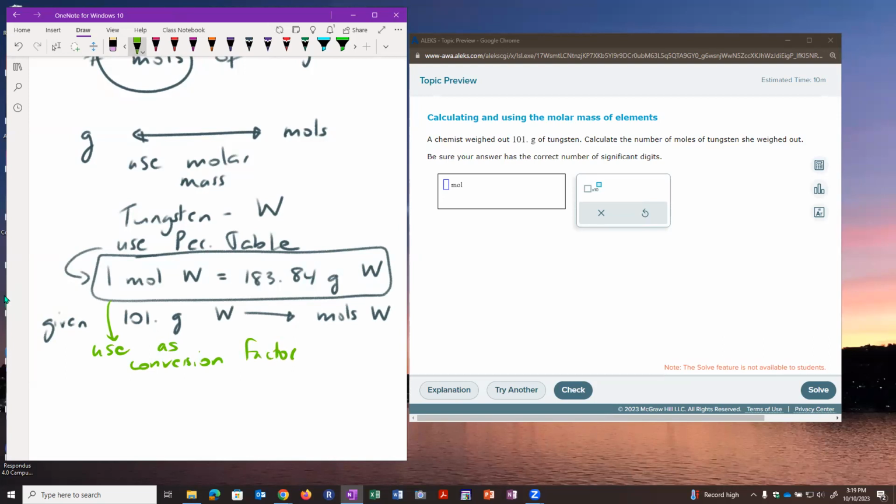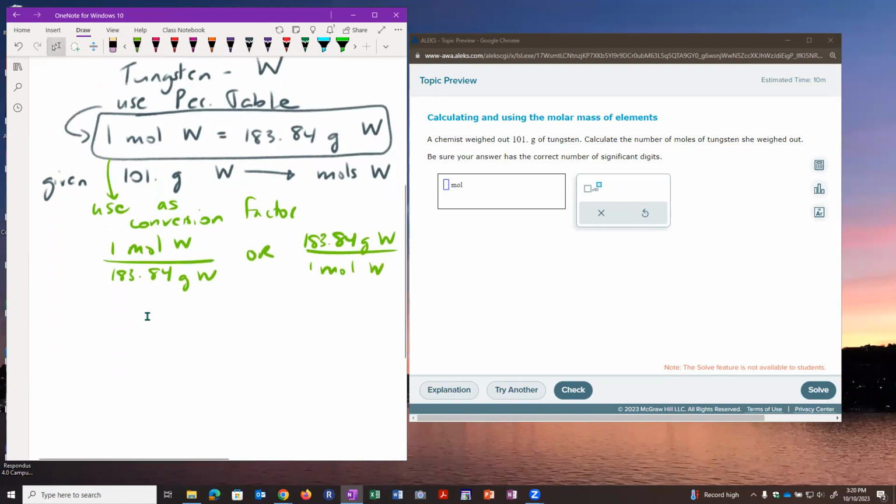Now we're just applying that same concept to these molar masses. To get the conversion factor, we just put one unit over the other. So 1 mole of W is 183.84 grams of W, or we can simply flip it: 183.84 grams for every 1 mole. We'll use the appropriate conversion factor depending on what unit we're given and what we need to find.